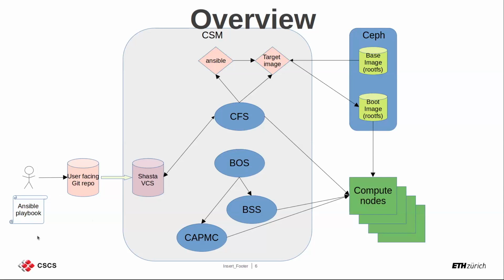So once you have an Ansible playbook you're happy with, you're going to push it into a Git repository. This Git repository is going to get synchronized with the Git repository of Alps. And from there, you submit jobs in order to create CFS sessions or CFS configurations in order to build images or configure nodes.